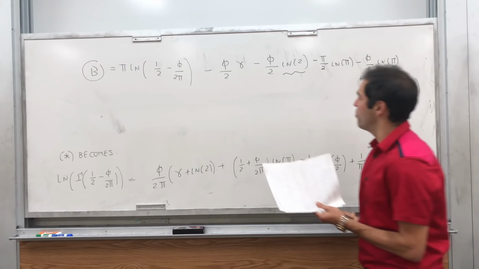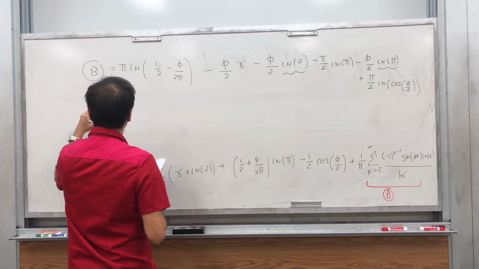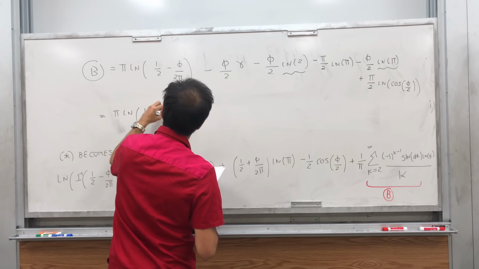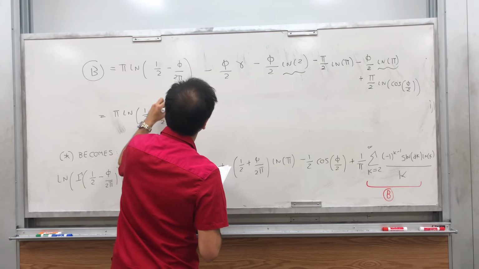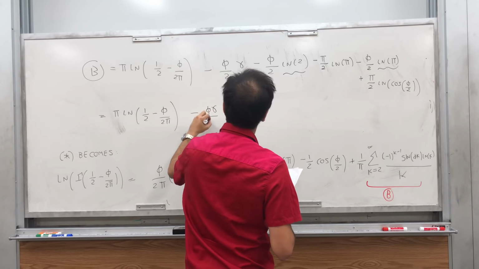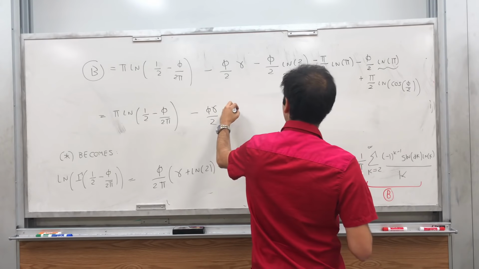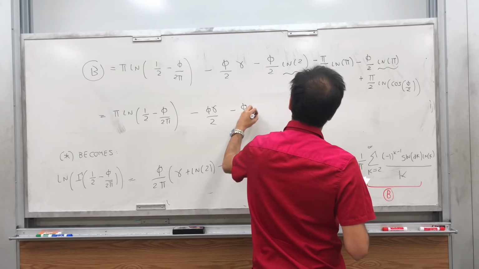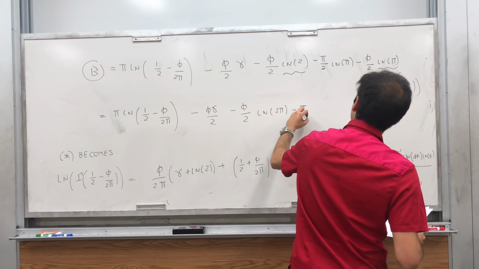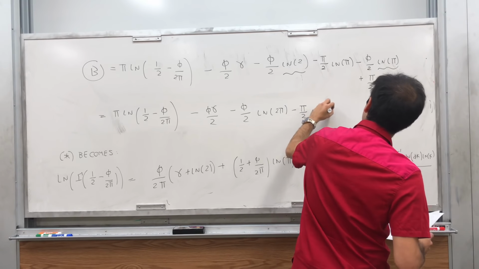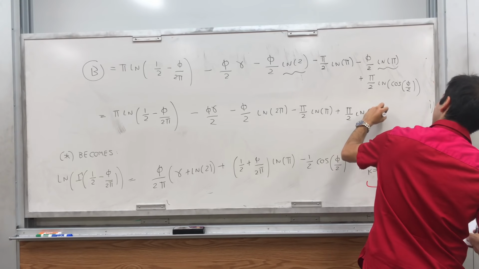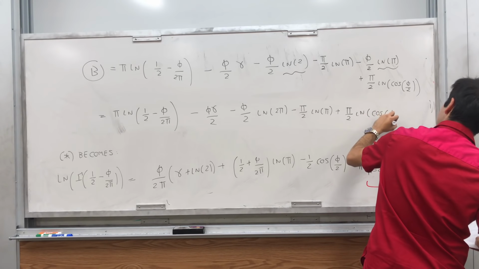So what we end up with then is getting pi ln of gamma of 1/2 minus phi over 2 pi minus phi gamma over 2 minus phi over 2 ln of 2 pi minus pi over 2 ln of pi plus pi over 2 ln of cosine of phi over 2.